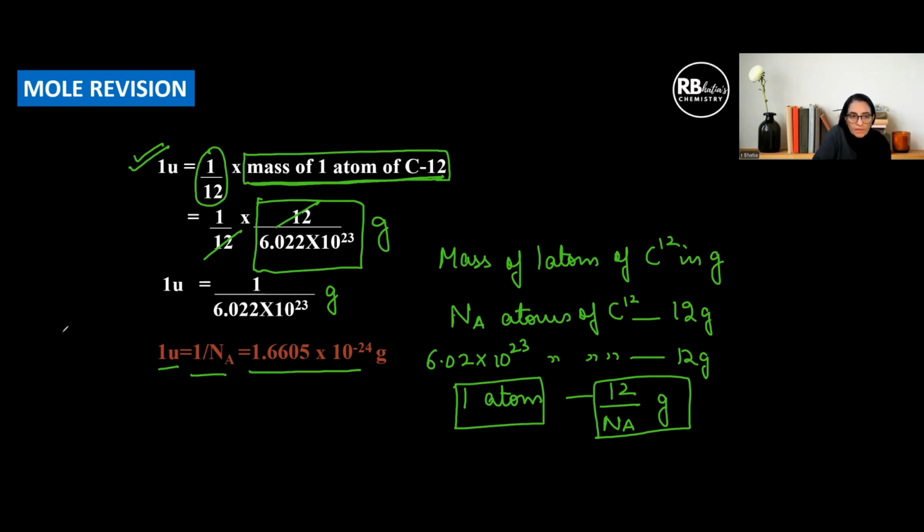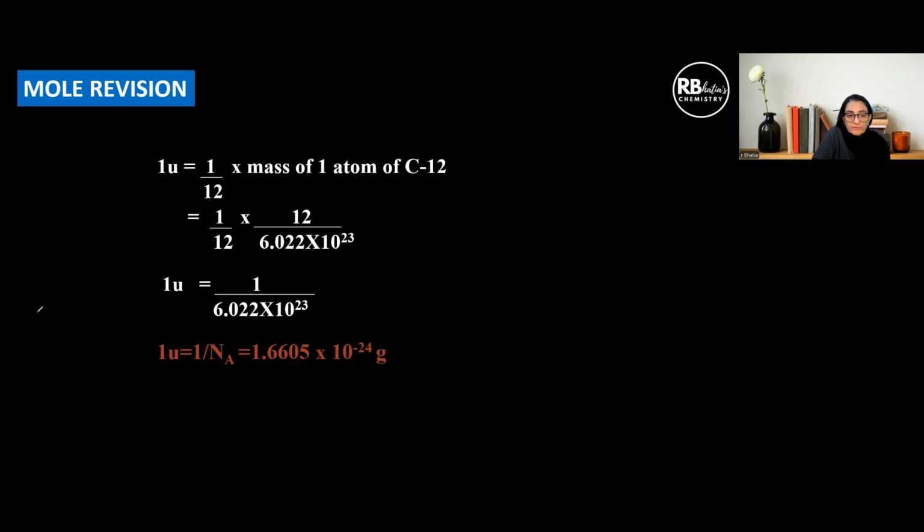You have to learn this outcome. 1 U is nothing but the reciprocal of Avogadro's number, which is also equal to 1.6605 × 10^-24 gram. You can just reverse, replay this and learn these concepts, children.